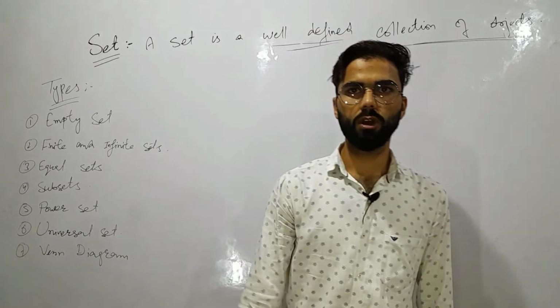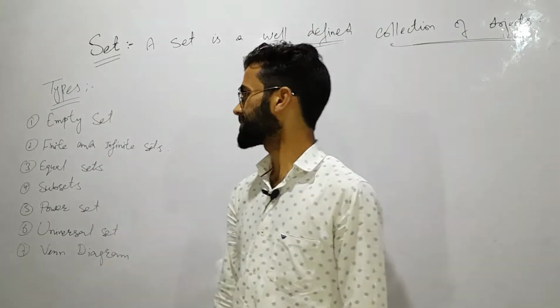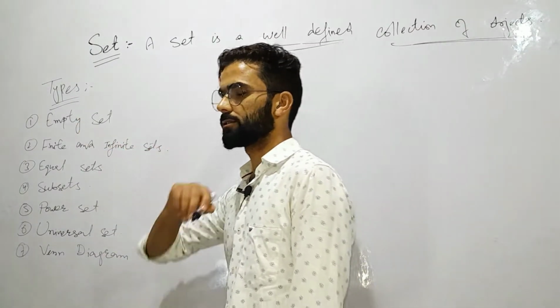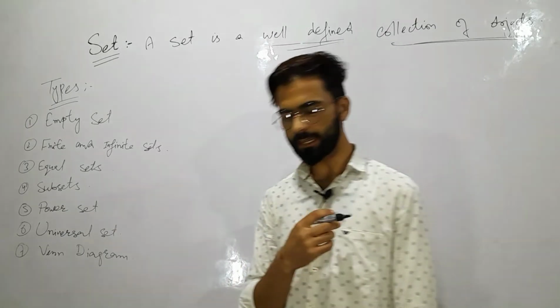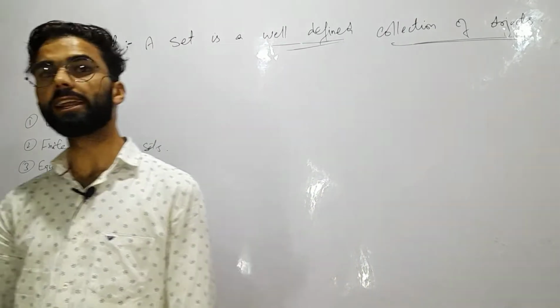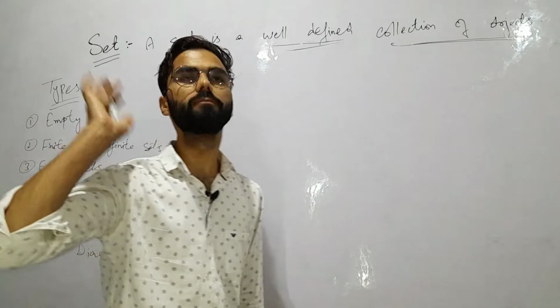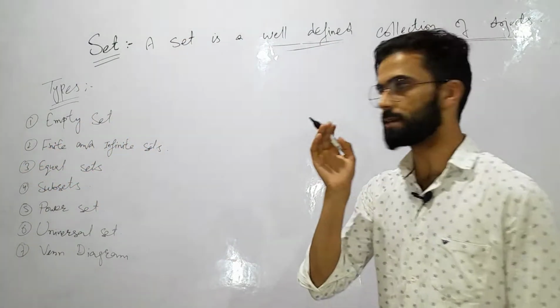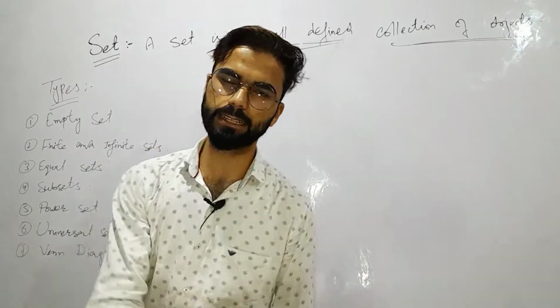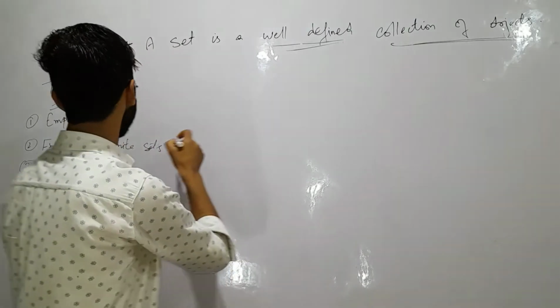Now we'll come towards the types of sets. First one is empty set. What is empty set? Empty set is a set which doesn't contain any element, which is totally empty, or sometimes called null set or void set.